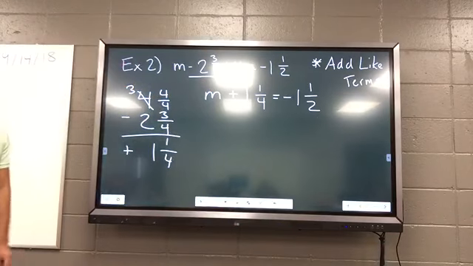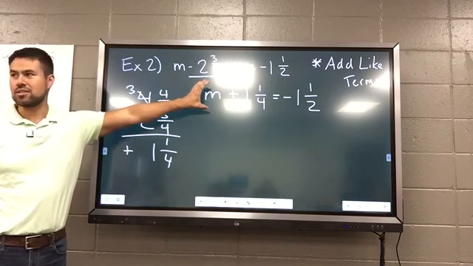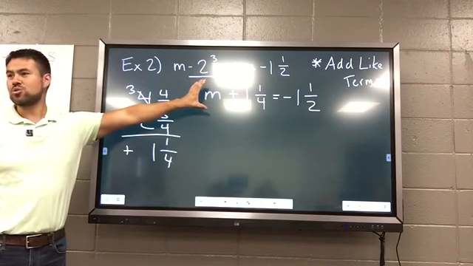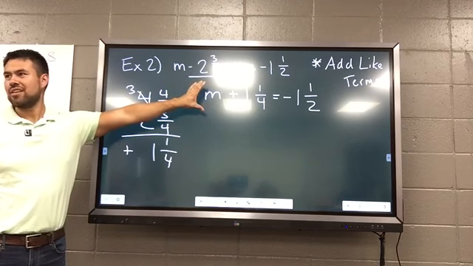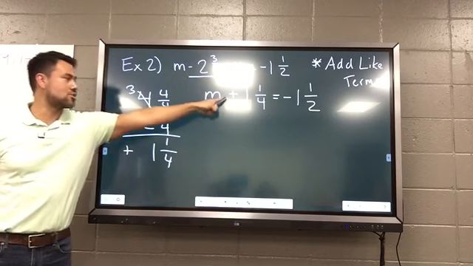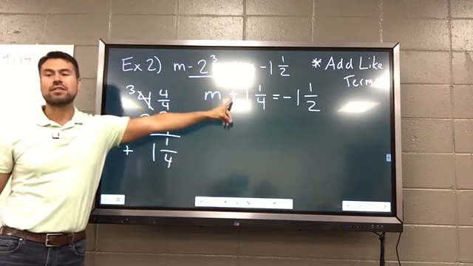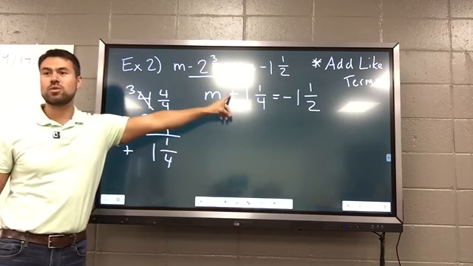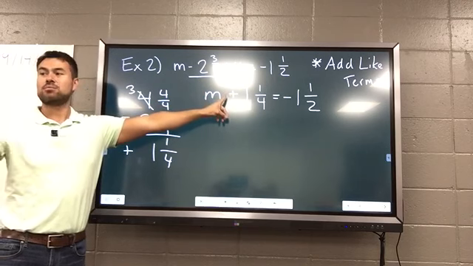Okay. What kind of equation is this, Laura? Addition or subtraction? Addition. How do I solve an addition equation? I use which property? Subtraction.